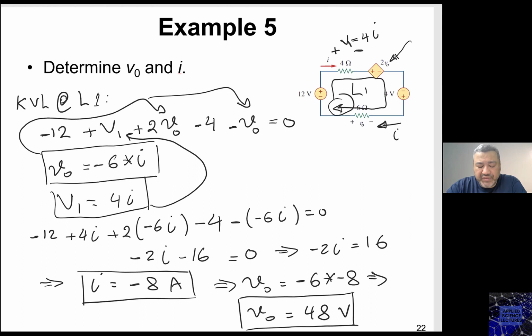Sometimes it's not that straightforward. You have to apply the laws first and do the analysis to make sure that you have the correct numbers. You cannot tell. Any other questions?